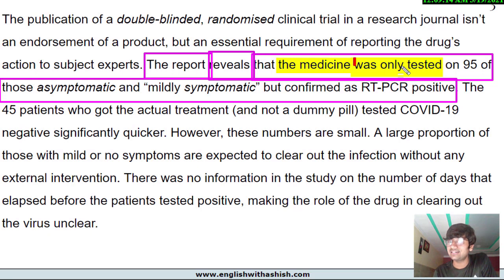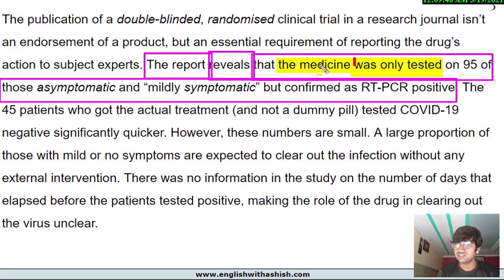Adverb, only tested on, preposition on, 95 of those asymptomatic people who do not have any symptoms, and mildly symptomatic but confirmed as RT-PCR positive, right? So this entire thing is a noun clause, a type of dependent clause, right?